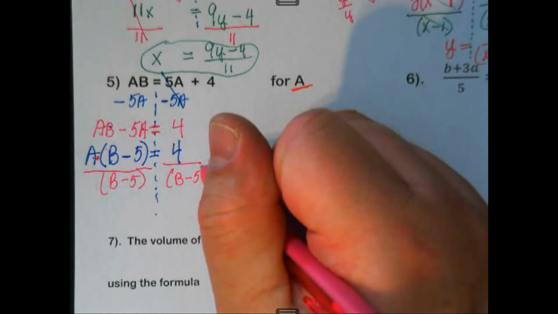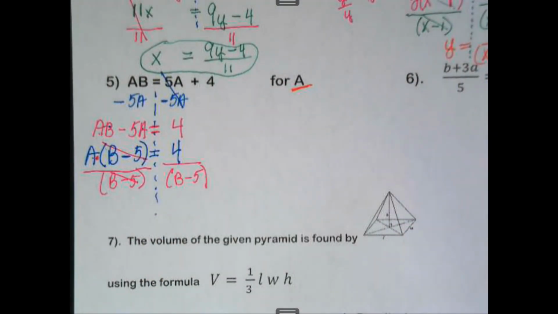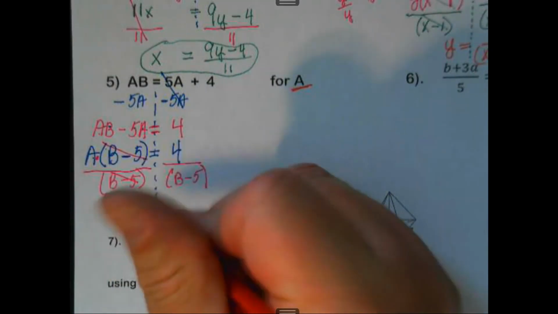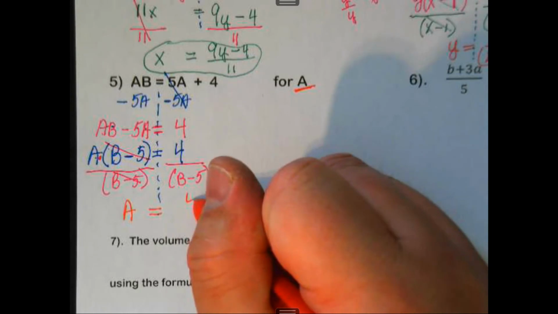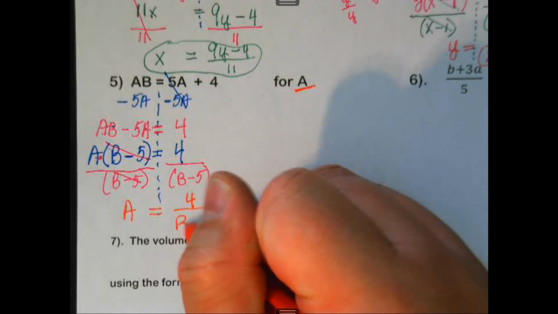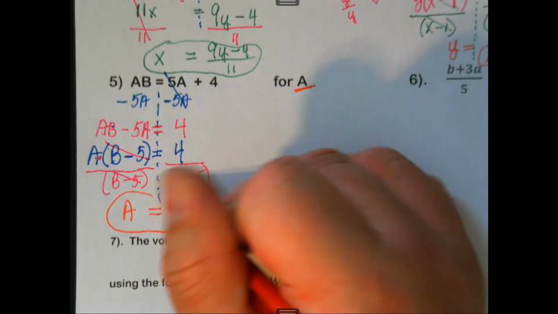These cancel. My answer is A equals 4 divided by B minus 5. And again, if you want to put parentheses there, you can.